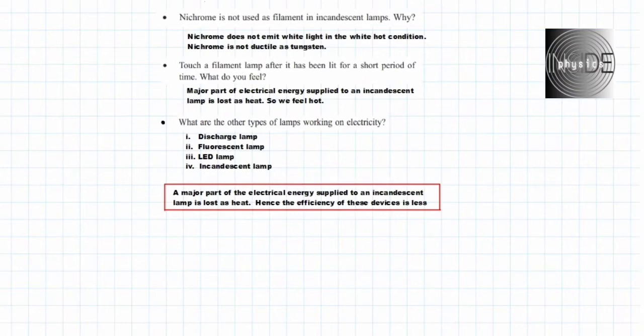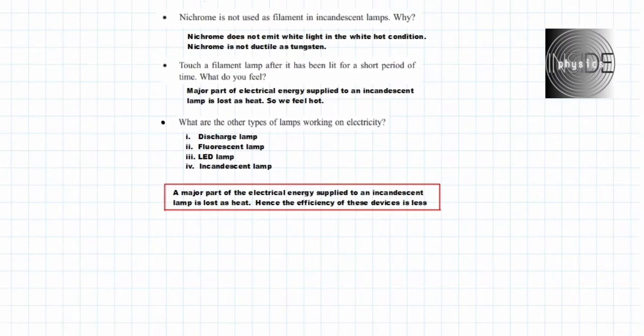The next question: touch a filament lamp after it has been lit for a short period of time. What do you feel? The major part of the electrical energy supplied to an incandescent lamp is lost as heat. So we feel hot when we touch the filament lamp after it has been lit.